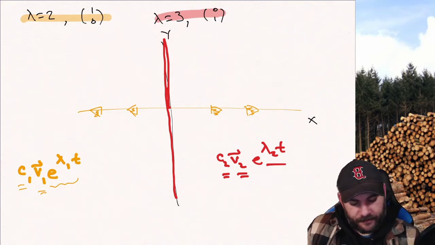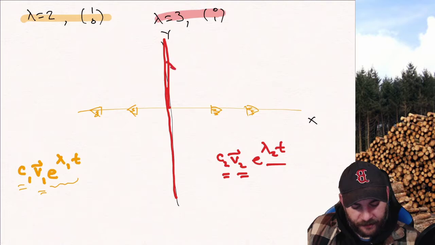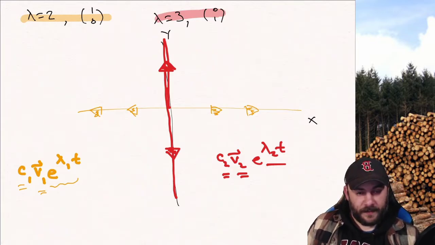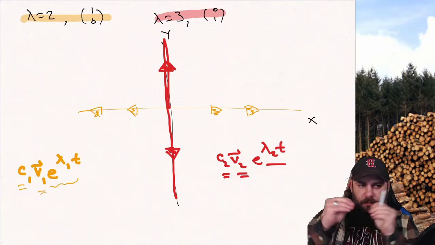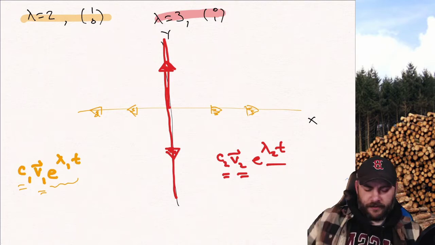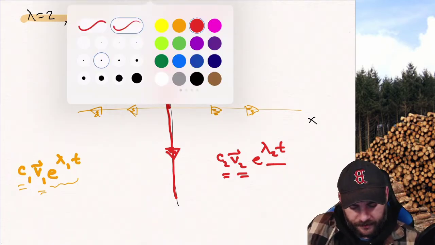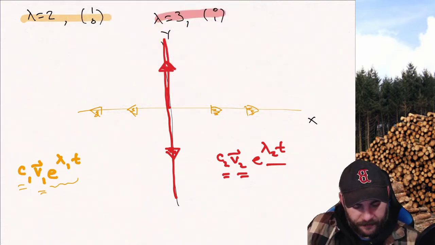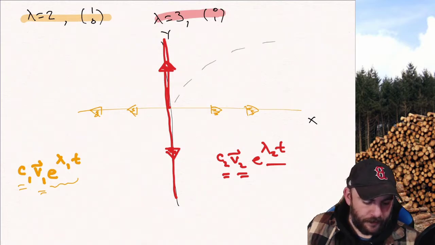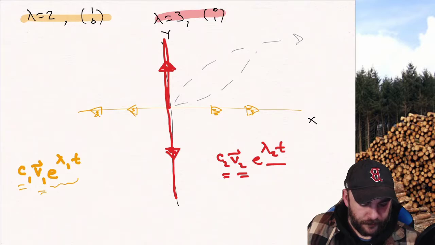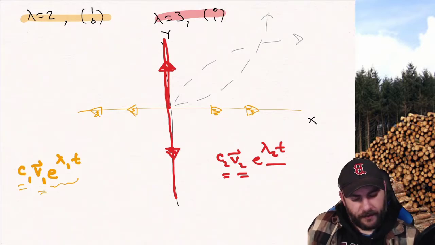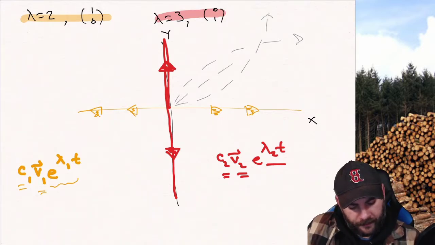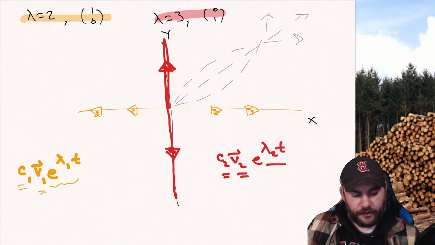And now this lambda 2 is a 3, which means I grow away from the origin. All right, so does this make sense? So on these axes, I'm just moving purely away in one of those directions. But now the big question is, do I look like this growing away? Or do I look like that growing away? Or do I grow away along a straight line?